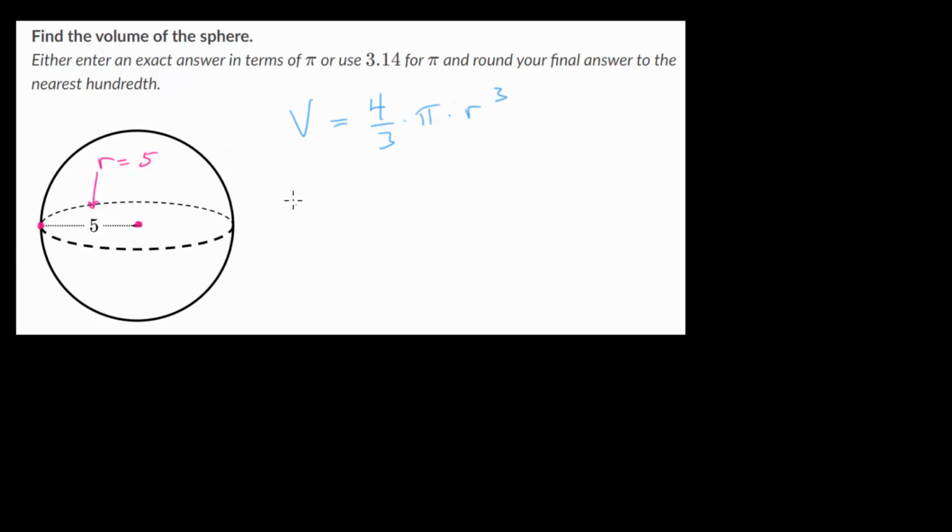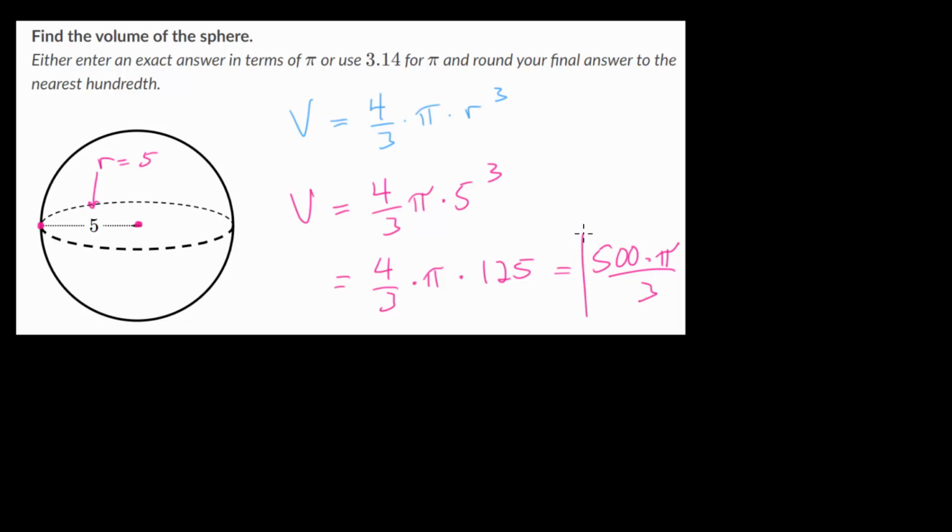And if we plug that in, we have the volume is 4/3 pi multiplied by 5 to the third power. And 5 to the third power, 5 times 5 times 5, is 125. And if we multiply that by 4, that would give us 500.